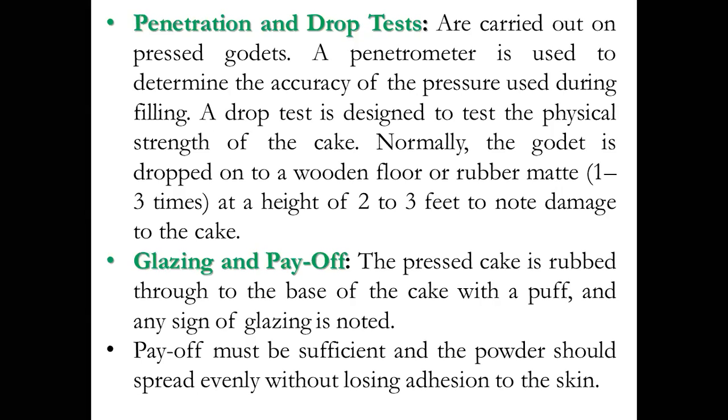With the help of the puff we rub the base of the cake, then analyze the glazing effect, or any sign of glazing on the base. Glazing is nothing but some sort of shine. So when we remove the top layer with the help of the puff, we must verify whether it shows any sign of glazing or not.